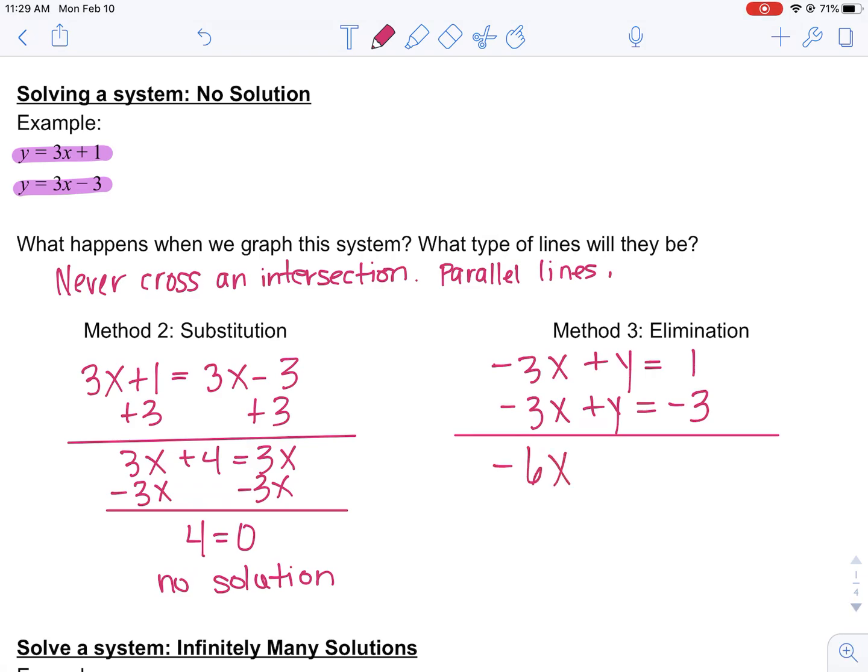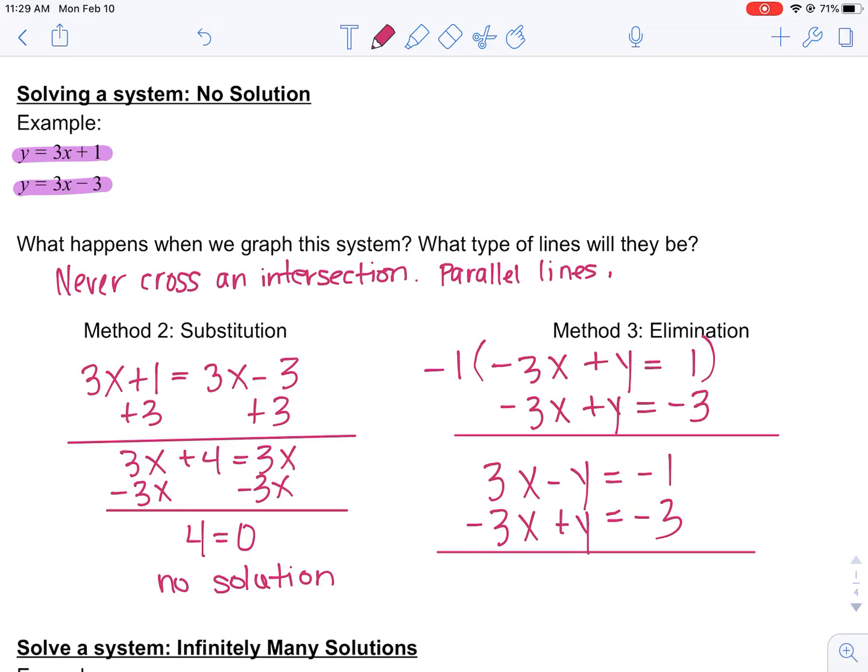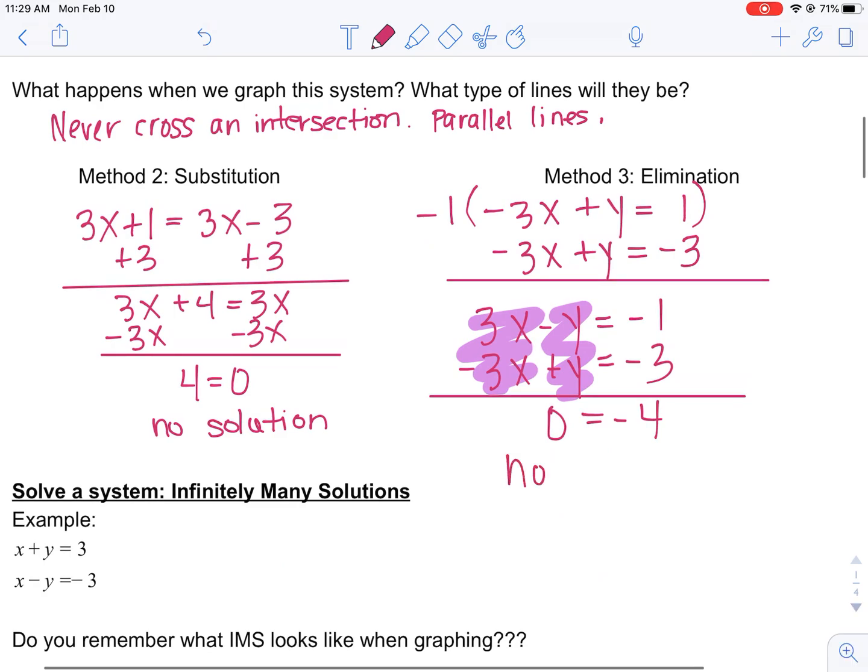First, I'm going to make opposite coefficients, so I'm going to multiply by -1 on top. That gives me 3x minus y equals -1, and the other one stays the same, -3x plus y equals -3. Now I'm going to put them together. That eliminates my x's and my y's and leaves me with 0 equals -4. Again, this is not true, so the system has no solution.